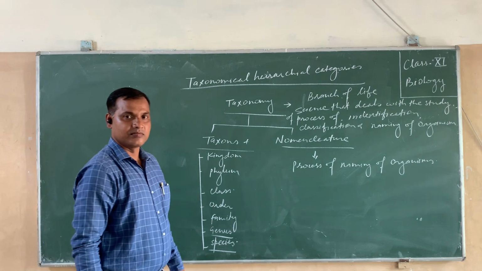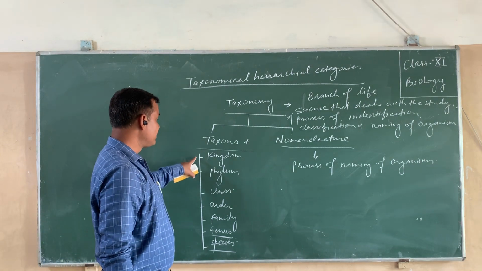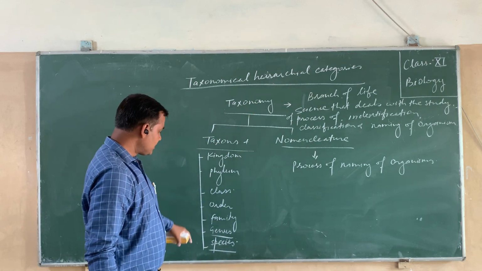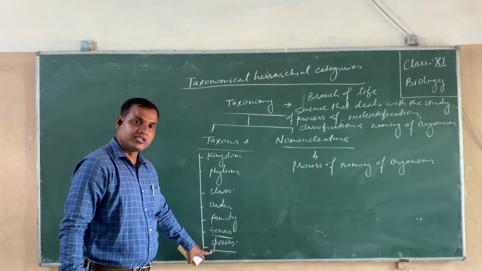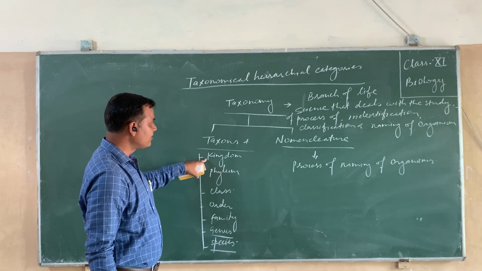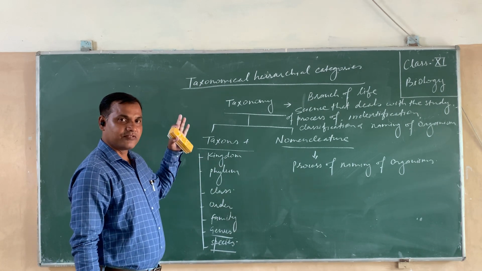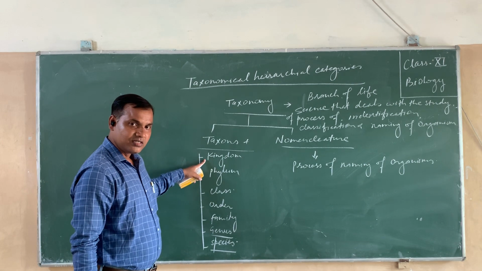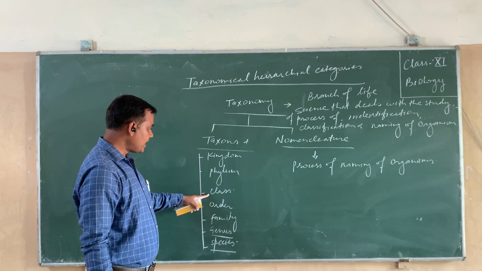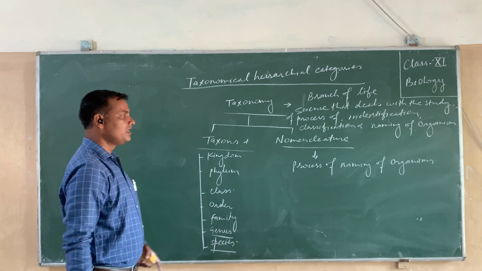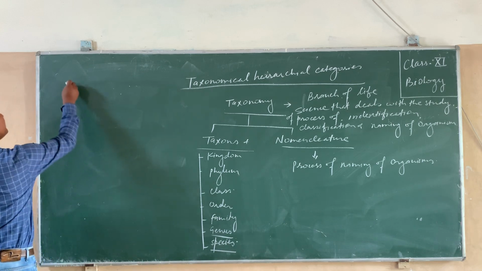These are the taxons. So taxons means the categories. These categories are hierarchical categories. Means the smallest taxonomical hierarchical category is species, and the biggest taxonomical hierarchical category is kingdom. While classifying any particular organism, we must write kingdom first, followed by phylum, class, order, family, genus and species. For example, human being.